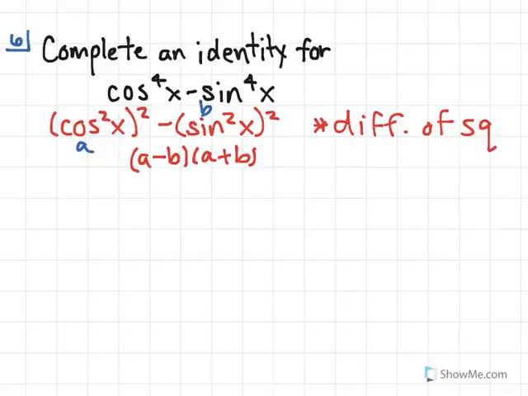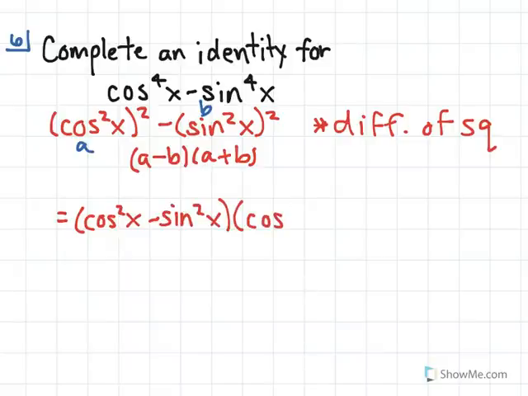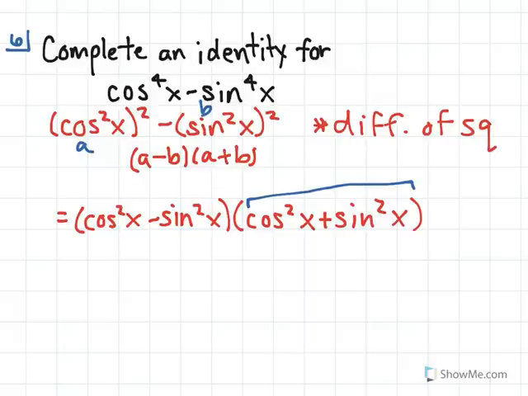So were we to do that, we would now have cosine squared x minus sine squared x times cosine squared x plus sine squared x. So we know that this right here is just our Pythagorean identity, so that's going to be equal to 1. So now we have cosine squared x minus sine squared x.